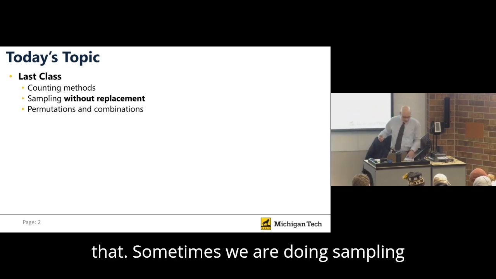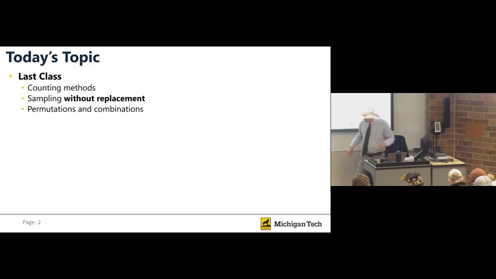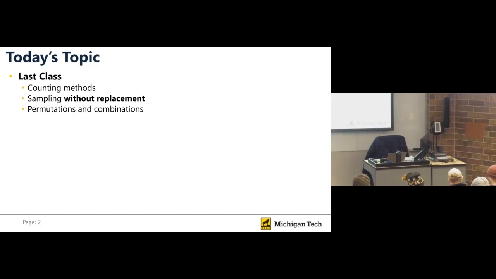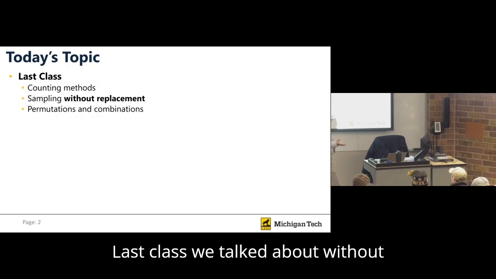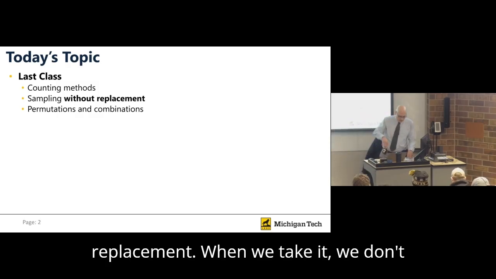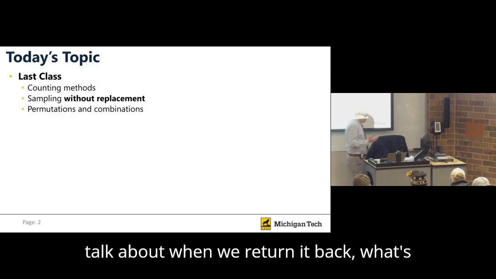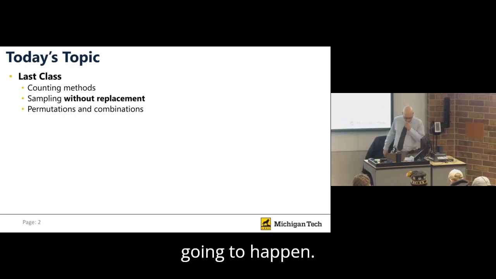Sometimes we are doing sampling with replacement, sometimes without replacement. Last class we talked about without replacement. When we take it, we don't return it back. Today we're going to talk about what happens when we return it back.